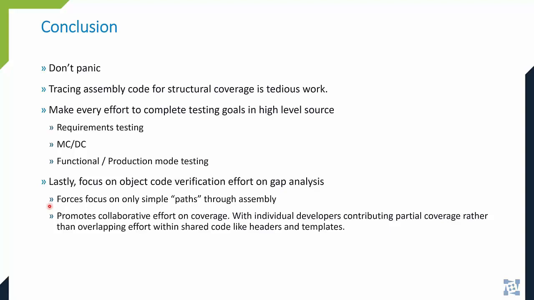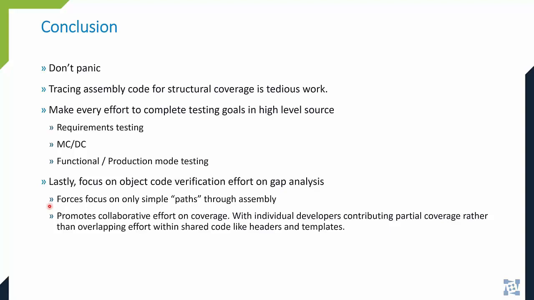And lastly, when we're focusing on this gap analysis, or focusing on getting paths that we consider gaps that are deficiencies from other types of testing, constraining the focus makes it easier to find the path that's necessary and documenting that path either through scripting or unit testing or parameterizations.